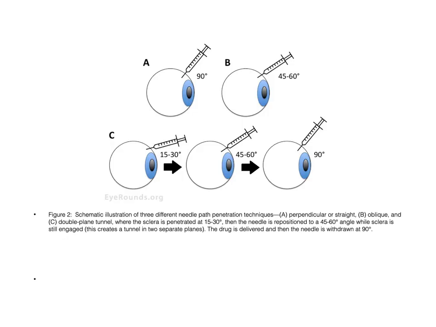It was found that going into a biplanar or a triplanar through a scleral tunnel formation has a lower vitreous reflux than direct injection. However, going straight as in figure A has less complication and is much easier for the patient and for the doctor.